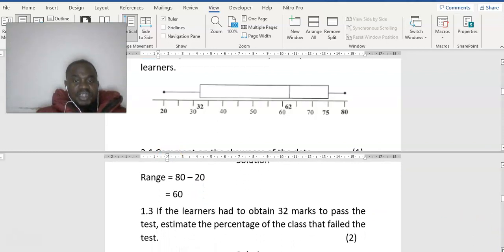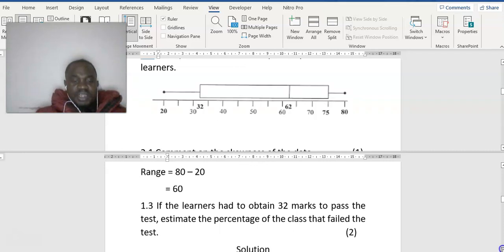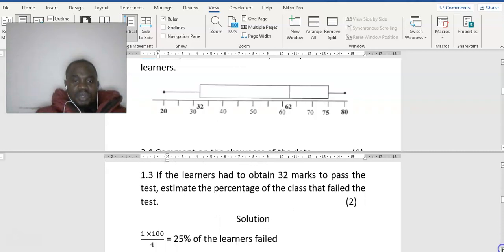Then the next question says, if the learner had to obtain 32 marks to pass the test, estimate the percentage of the class that failed the test. Okay, we want to estimate the percentage of the class that failed the test. Let me read this again.